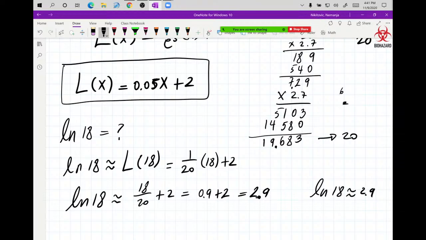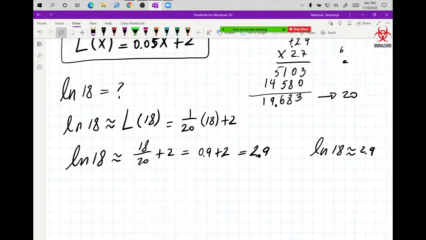Now, what's the first thing that you're going to do when you get rescued from this desert island? Right? So you are on this ship, dehydrated, hungry, angry, depressed, and all of that stuff. The first thing you do is you ask for the calculator, obviously, to check your ln 18 calculation.